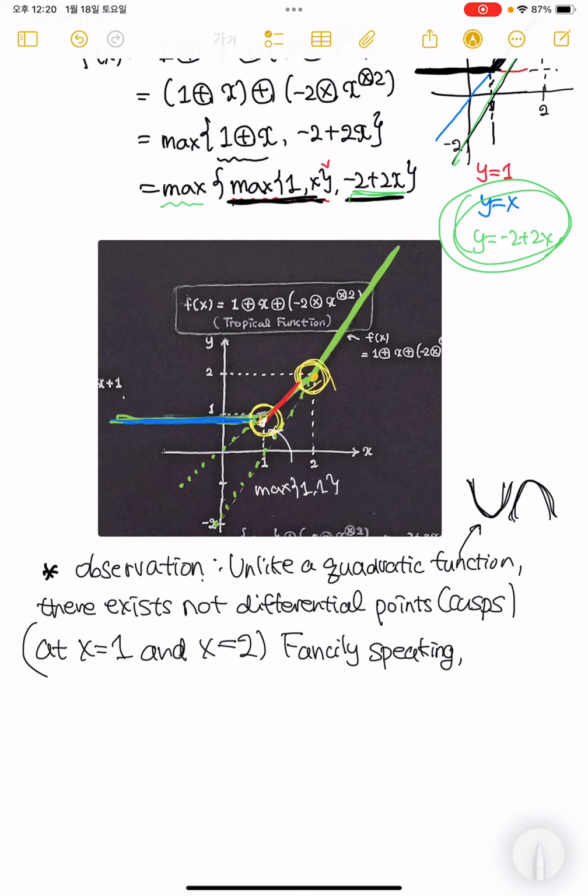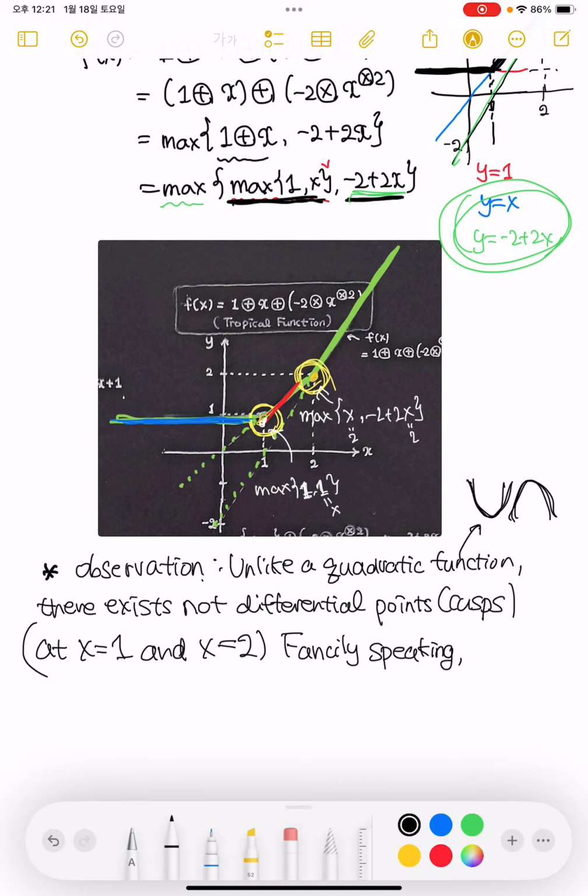That means one is a constant function and the other is the linear function. In this part, the maximum of x at 2 and minus 2 plus 1. In this case also, it's 2.